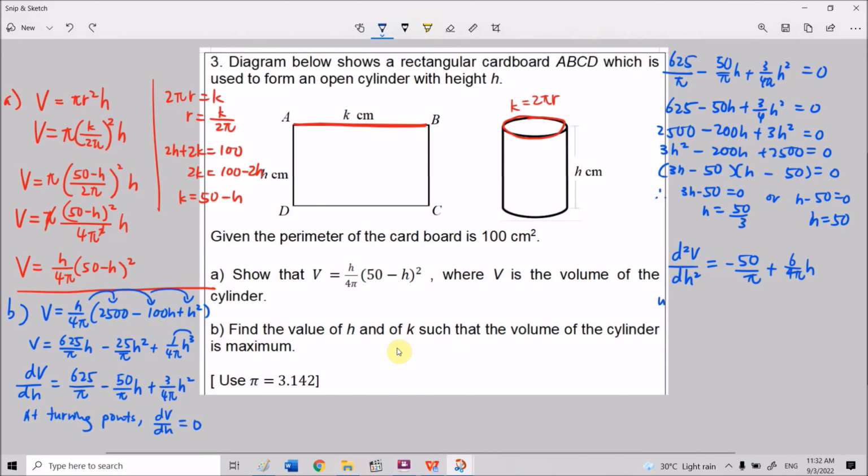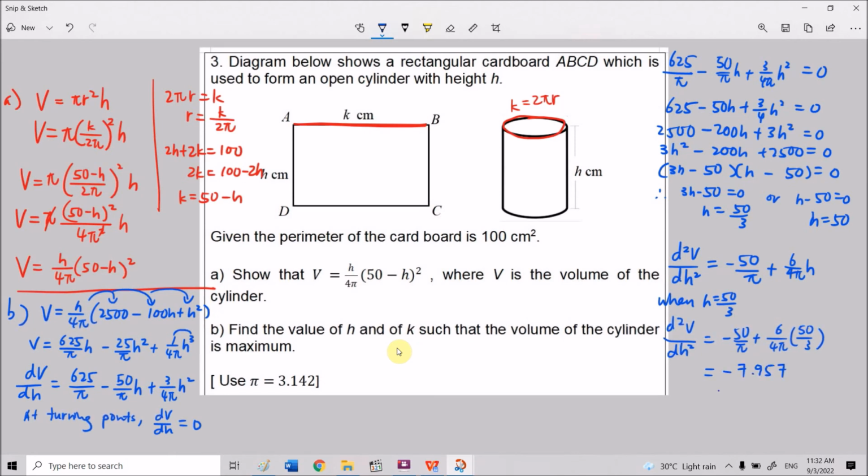Okay, so we try to substitute this inside here. When h equals 50 over 3, we get negative 7.957. A negative value is less than 0, hence it shows that the h is maximum.